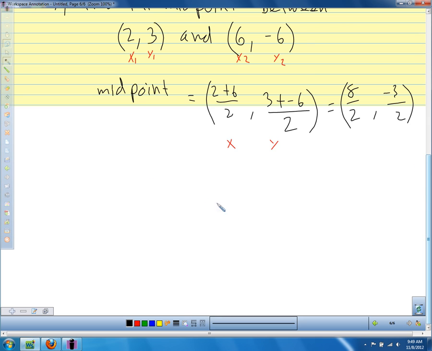So my midpoint would be 8 divided by 2 is 4, and negative 3 halves is negative 1.5. So the point that's halfway between 2, 3 and 6, negative 6 is 4, negative 1.5. And again, remember that the midpoint gives you an x and a y, not just one number.